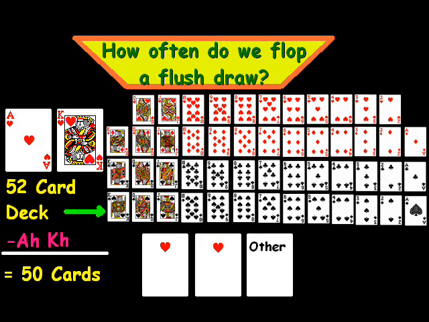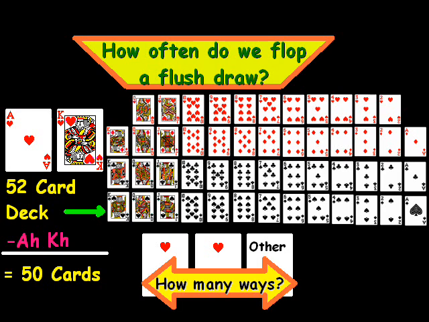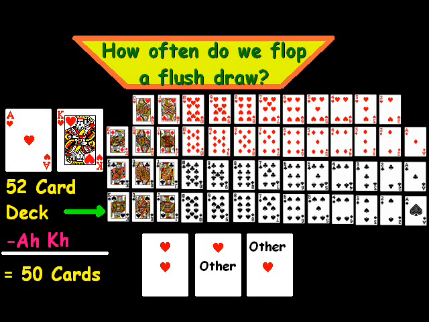Well, one way we can flop a flush draw is heart, heart, and another random card. And we want to know exactly how many other ways total there are. Well, there's heart, other, heart, and then there's other, heart, heart. So there's 3 different ways that we can flop a flush draw with this hand.